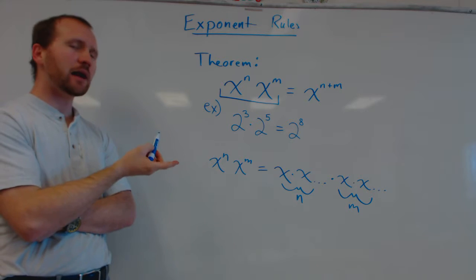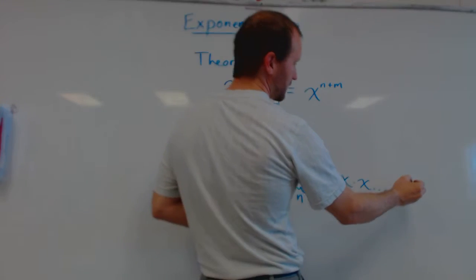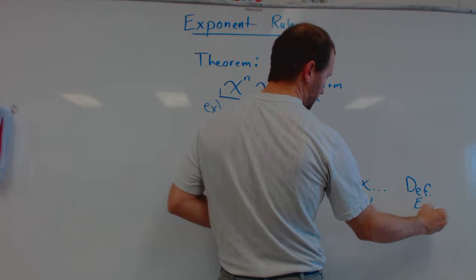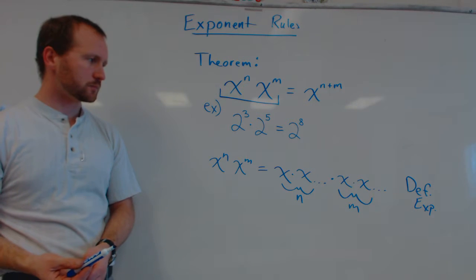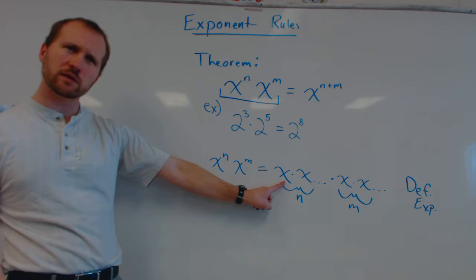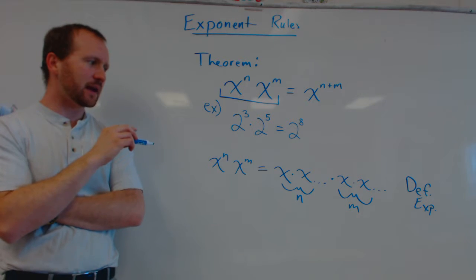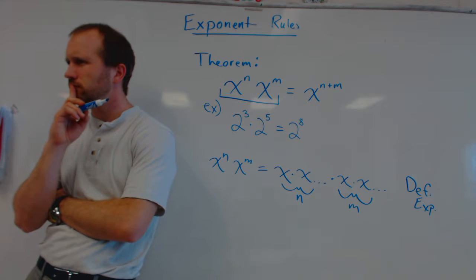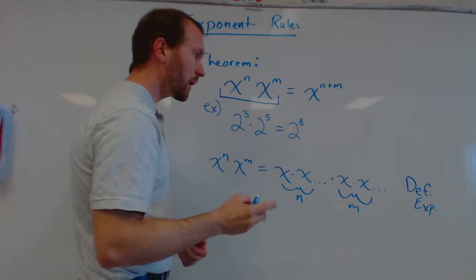Now in a proof what we'll often say is, well, how do we know that that equals that? And the way that we know it is this is called the definition of exponents. So now is there something that we could say this equals? x times x, n times, times x times x, m times. x times x, n plus n times?